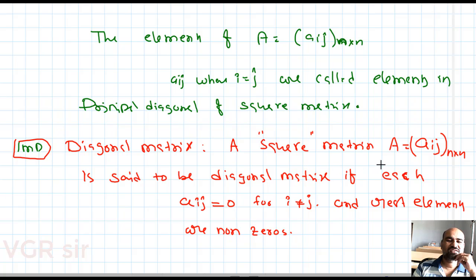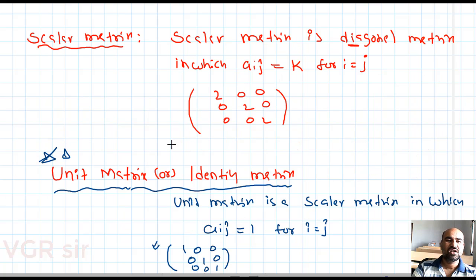In a square matrix, if the principal diagonal elements are all non-zero and the remaining are all zeros, such a matrix is called a diagonal matrix. A diagonal matrix is said to be a scalar matrix if the diagonal elements are all equal to a constant k. A unit matrix, important, has that constant equal to 1, for every i equal to j.